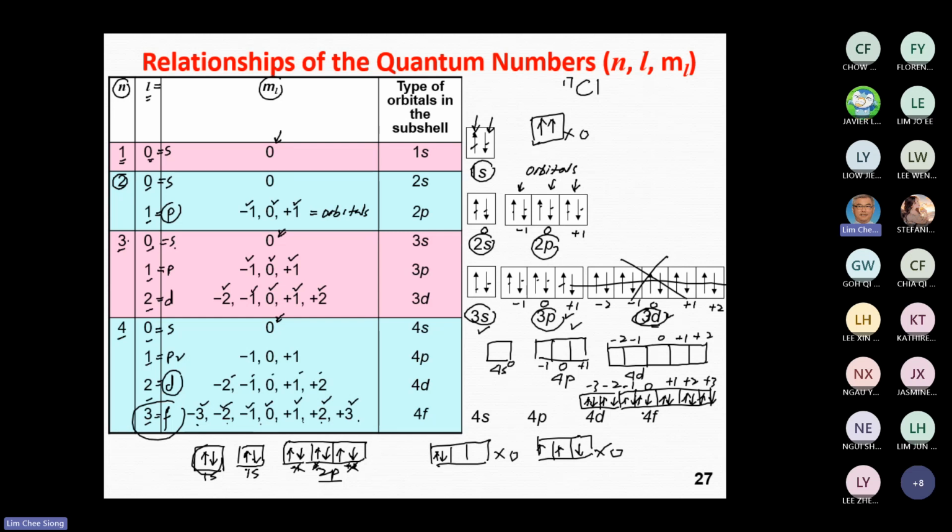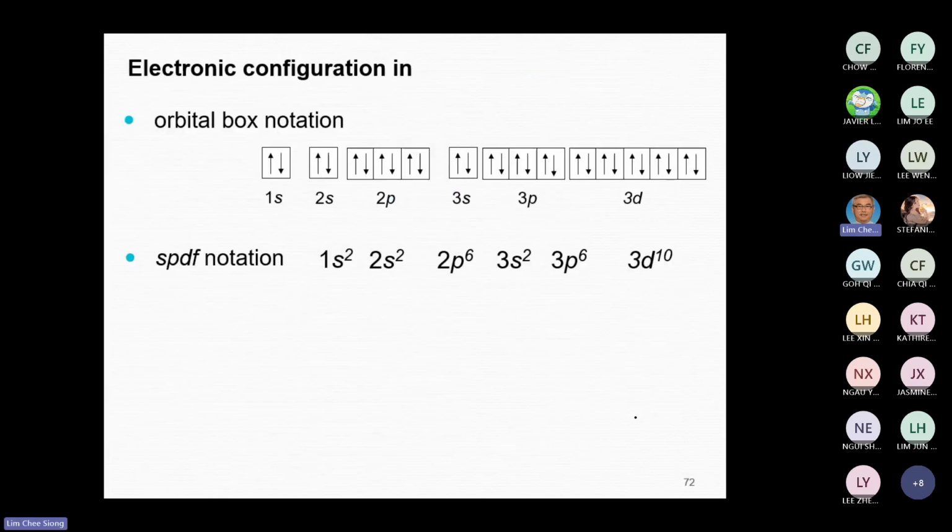Before we proceed, any question you want to ask? Anything? No? Okay, then we proceed to the following part. Can you please tell me what question we normally ask you? Normally, the question will ask you to give the electronic configuration.